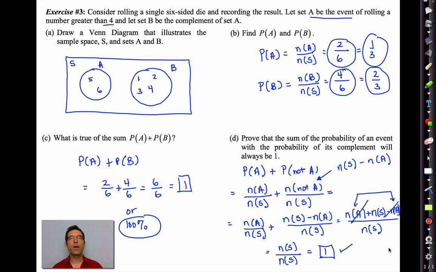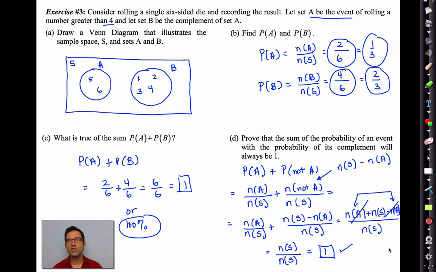Now, there's a lot of different ways that you can get a grasp for that, and almost everybody understands this. If you've got an event happening and then an event not happening, the probability that it happens plus the probability that it doesn't happen has to be 100%, because there's really no in-between if you have well-defined criteria.